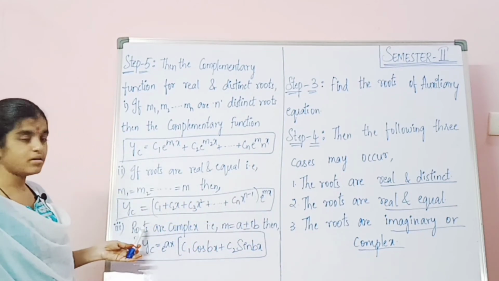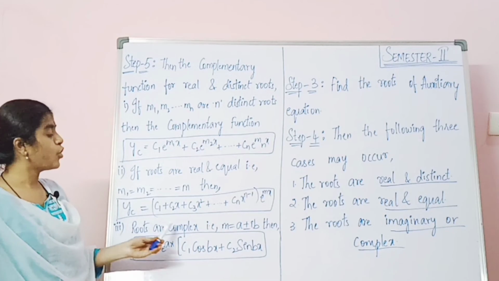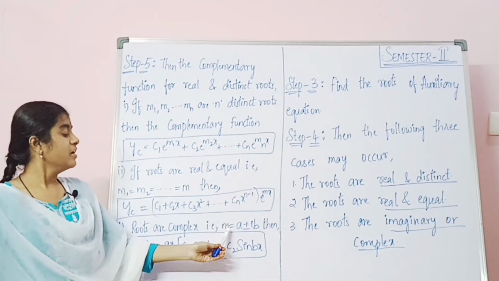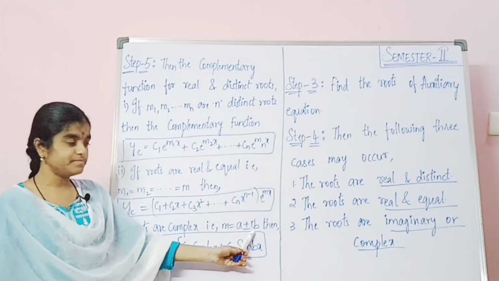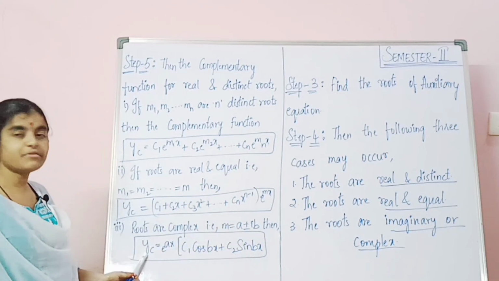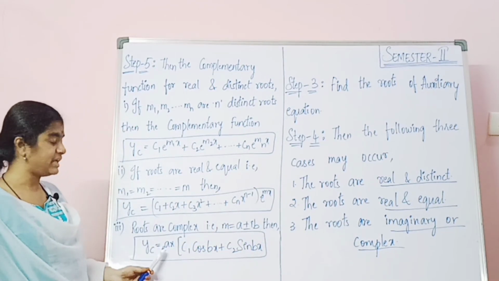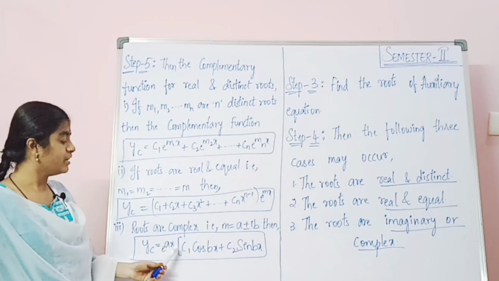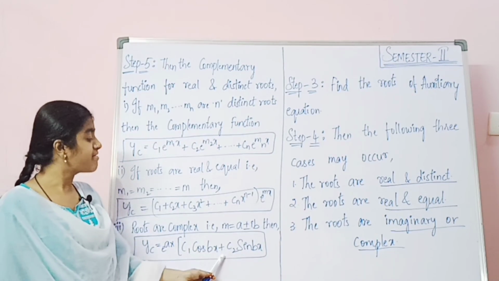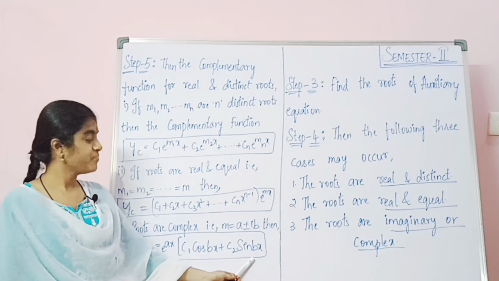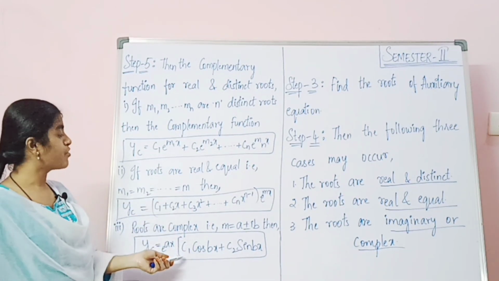In the third case, if roots are complex, that is m equals a plus or minus i b, then the complementary function is yc equals e power ax into c1 cos bx plus c2 sin bx. These are the complementary functions of the 3 cases.